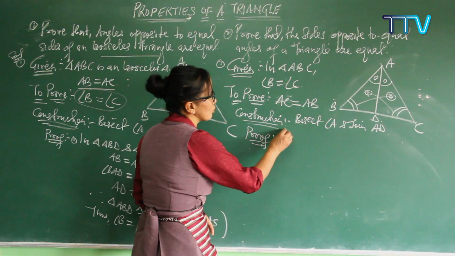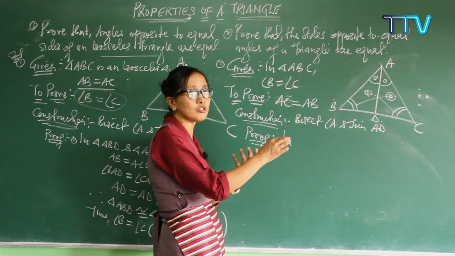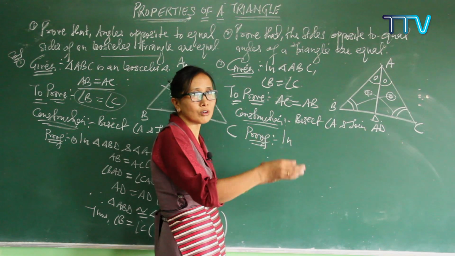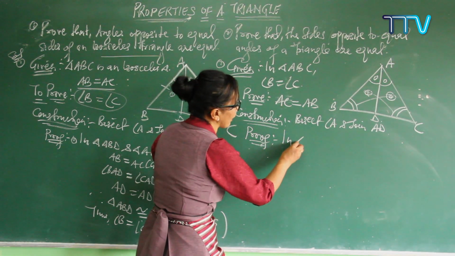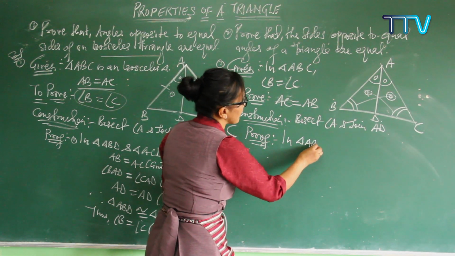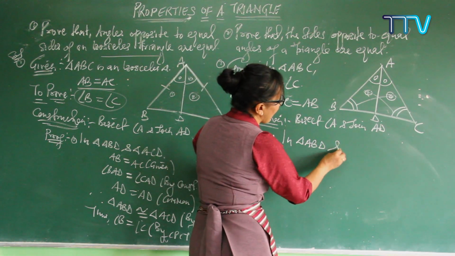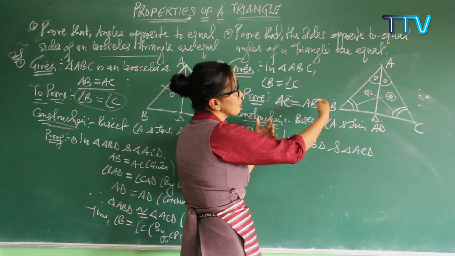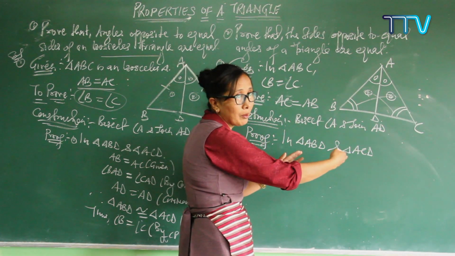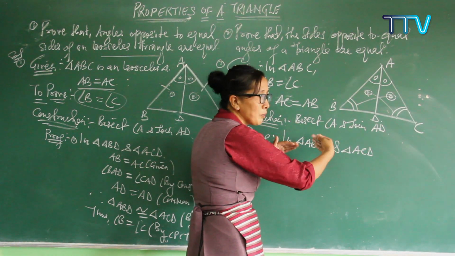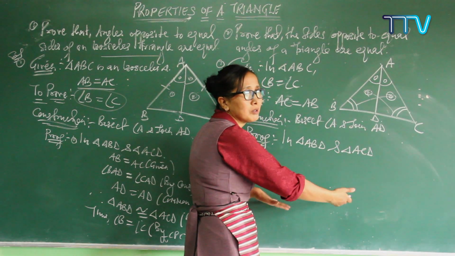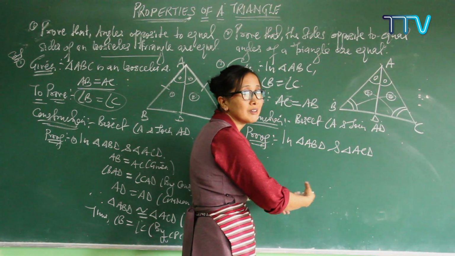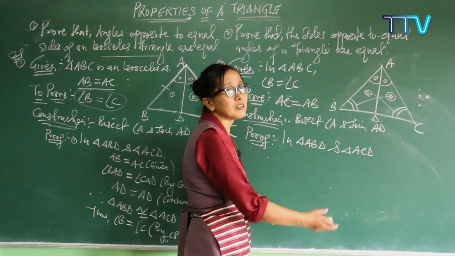First of all, write it down. Which two triangles are you going to check to see whether they are congruent or not? In triangle ABD and triangle ACD. Please take this in proper order. If you write it in proper order from the beginning itself, then your statement will always be correct and you won't have any difficulty in writing the statement.